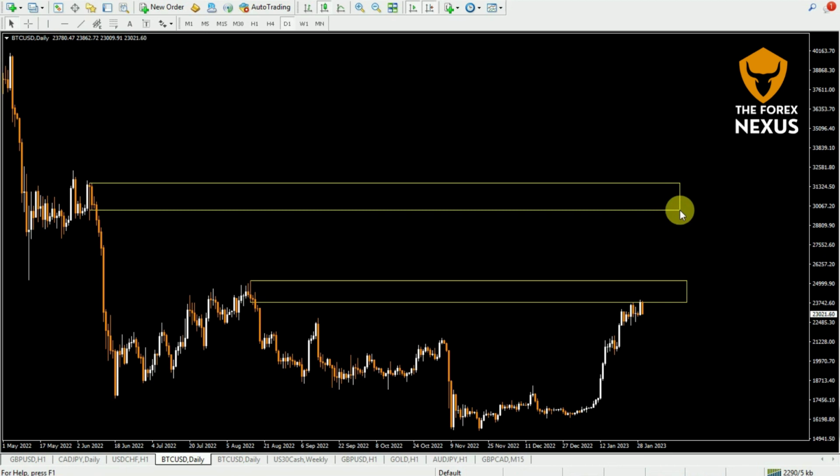The difference between supply and demand and support and resistance is that resistance is just a price where the market tested it. It's like a rope, and supply is a zone, where the pending orders, the market movers, put their pending orders.